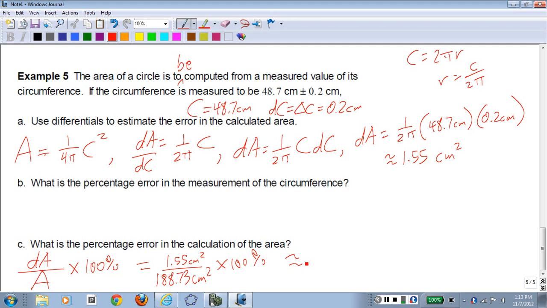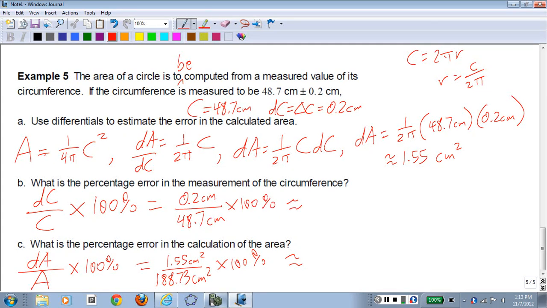What is the percentage error in the measurement of the circumference? That's going to be our dC divided by C times 100%. dC and delta C equal to each other. So dC over C, that's going to be 0.2 centimeters divided by 48.7 centimeters times 100%.